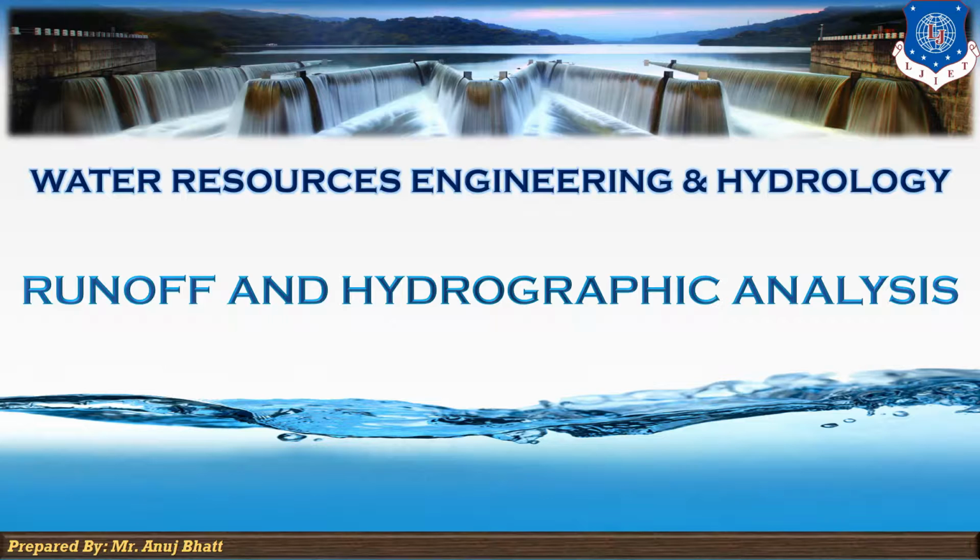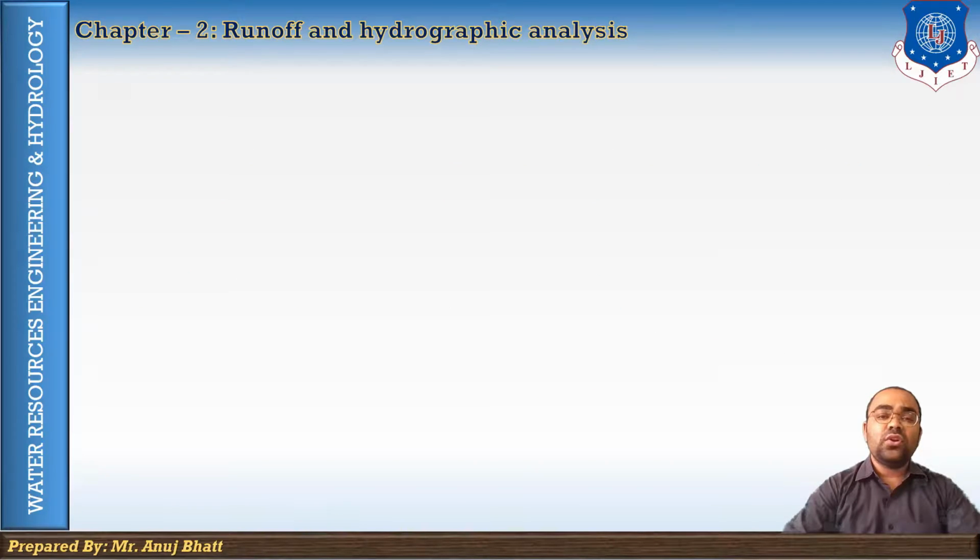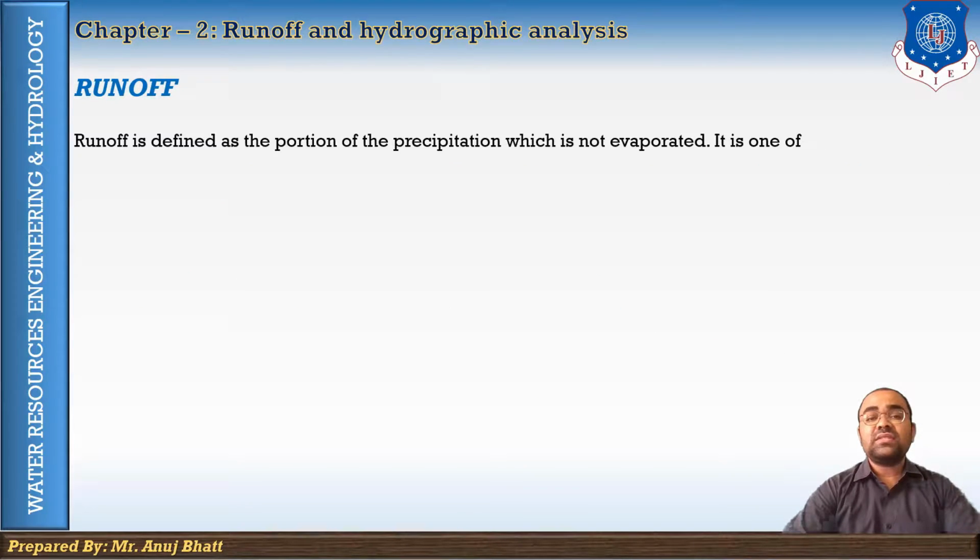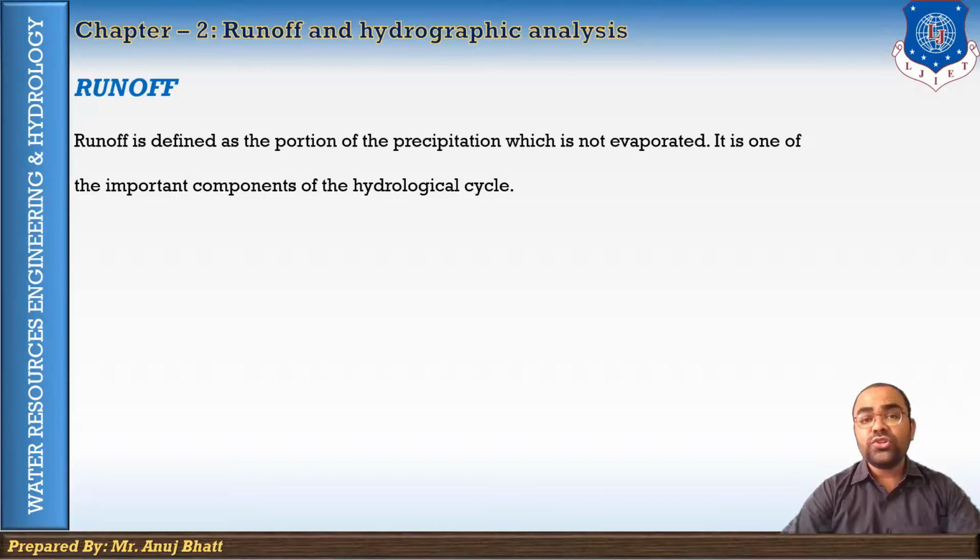We'll start this chapter with the first word, that is runoff. So, what is runoff? Runoff is defined as the portion of the precipitation which is not getting evaporated. It is one of the important components of our hydrological cycle.